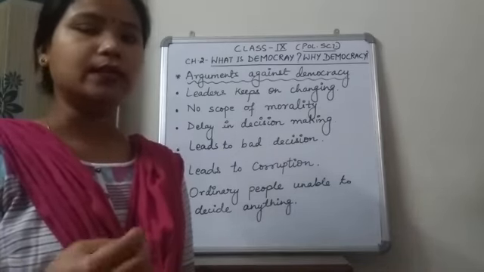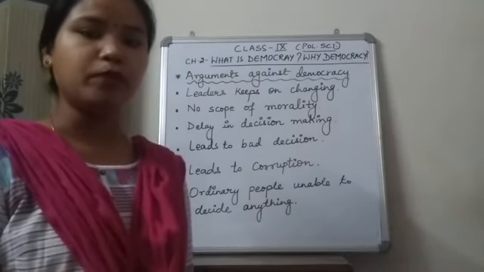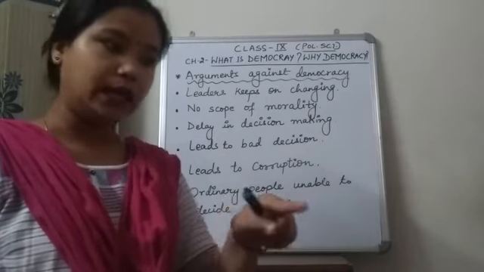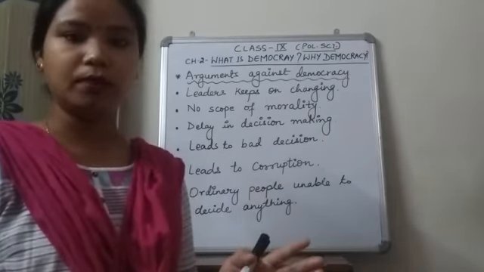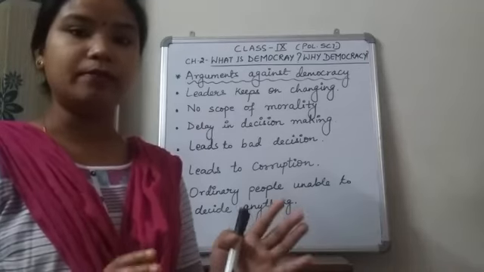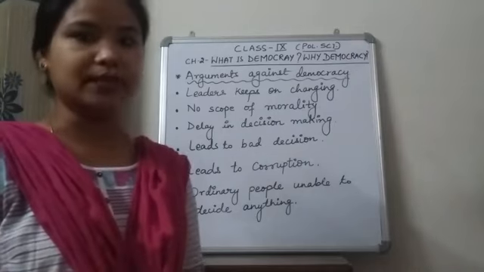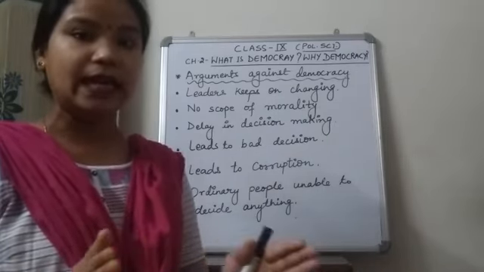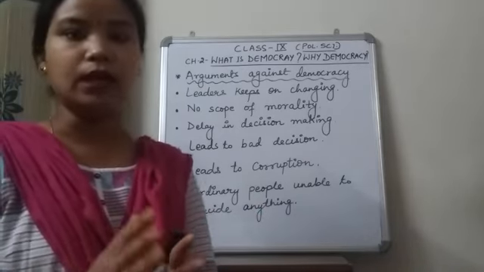You must know that whenever any bill is introduced in the parliament, the government has to discuss that bill in both houses of the parliament. If that bill has been passed in both houses, then only it becomes an act, and after that they have to take the consent of the president also. So this discussion and debate delays the decision making for the country.